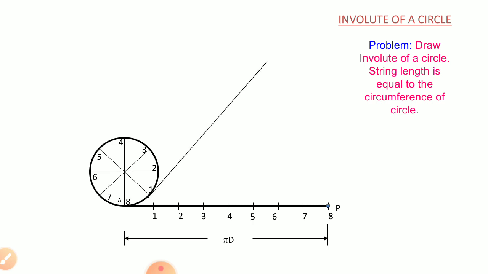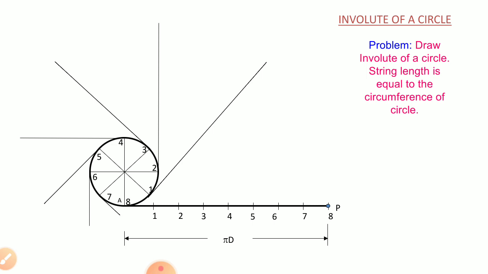Next step, we draw a line which is perpendicular to the radius at the circle point 1. This line is exactly perpendicular to the center line O1. Likewise we draw lines perpendicular to O2, O3, O4, O5, O6, O7.